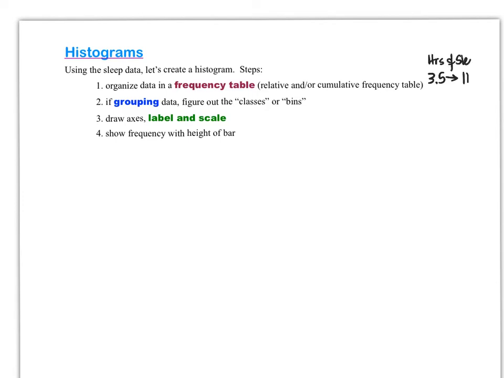So what we're going to do is we're going to group together the data in some way that appears to be meaningful between the probably 3 and 11 hours. So let's start out with that, and then we'll create a frequency table and then tally our data.